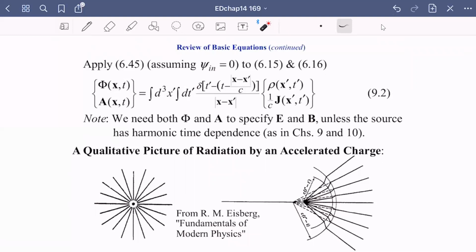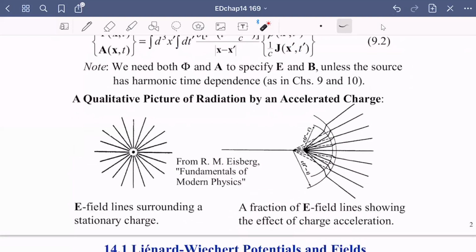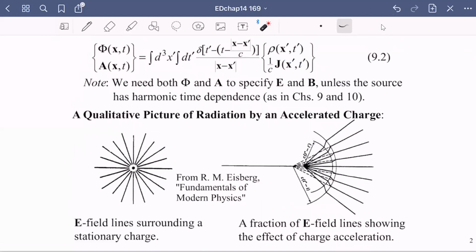Here is a qualitative picture of radiation by an accelerated charge. The charge is at rest first. It's at rest. Okay.